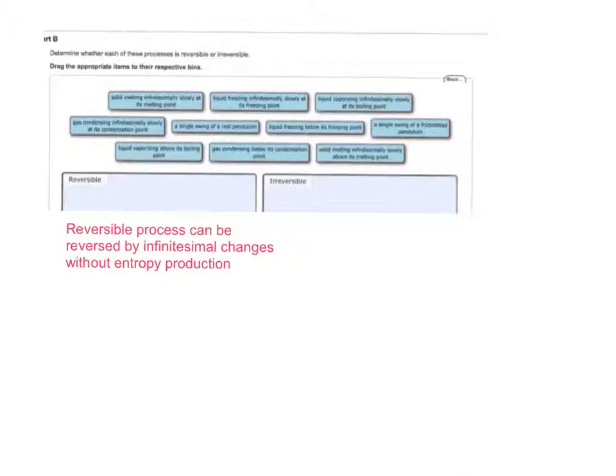Because the changes are infinitesimal, the system is in equilibrium throughout the process, and so there is no heat production or no entropy production. On the other hand, an irreversible process cannot be perfectly restored to its initial state without expenditure of energy.